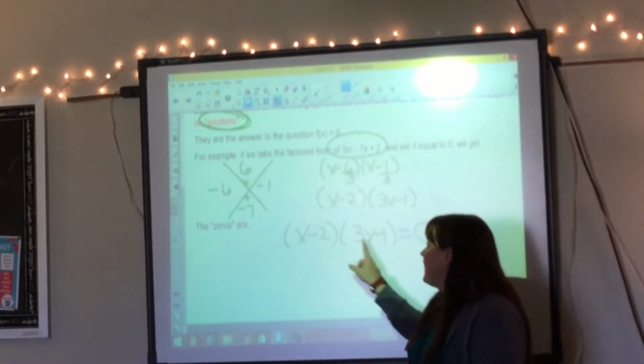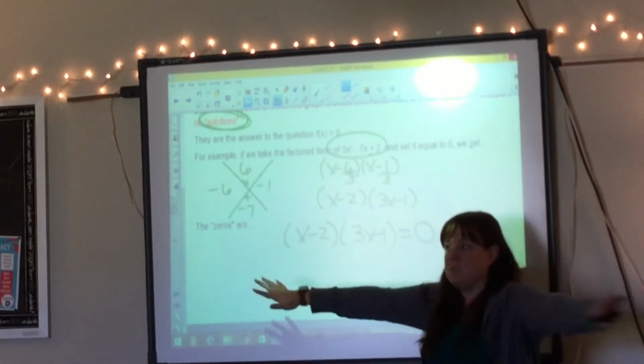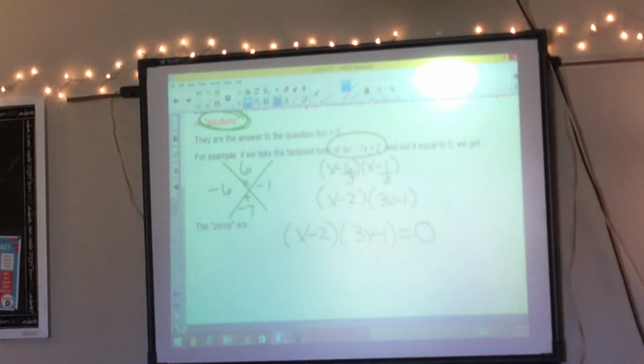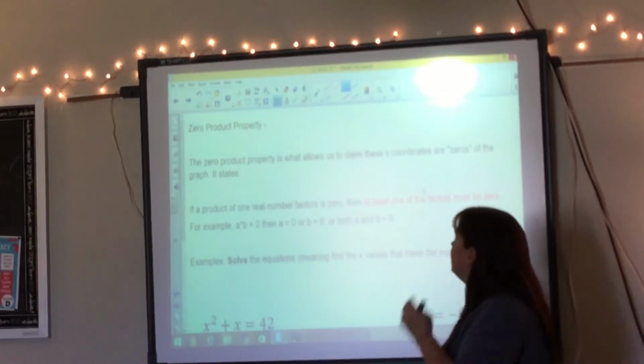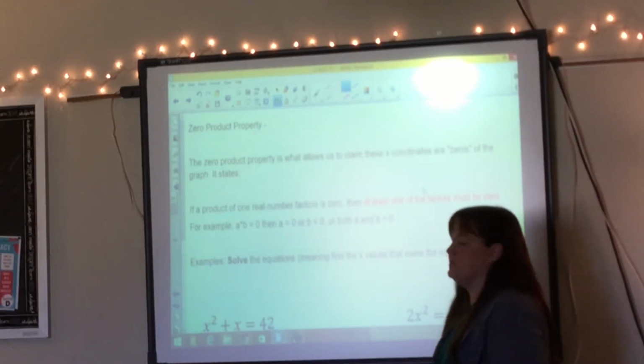So if either factor is equal to 0, the whole thing is equal to 0. That's what we call the zero product property. It says if a product of real number factors is 0, then at least one of the factors has to be 0.